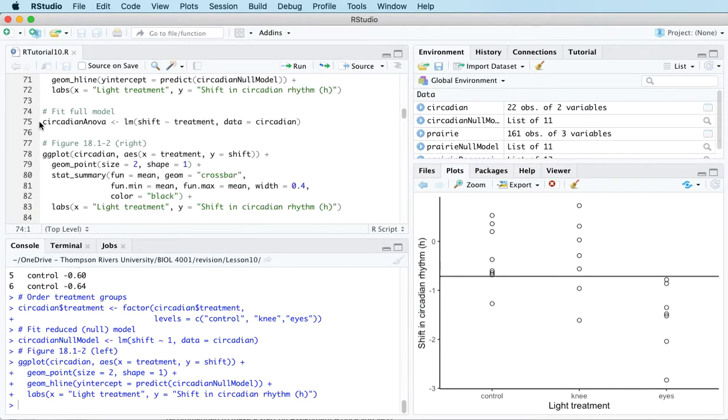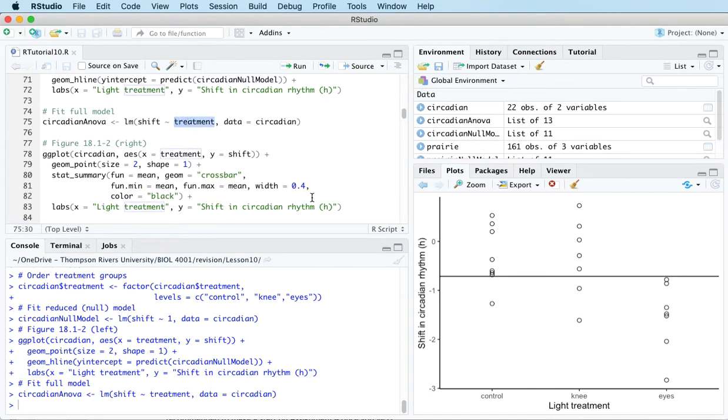By contrast, my full model will have the treatment as the predictor variable. And now if I draw the same kind of graph, instead of having the same prediction regardless of treatment, I'm going to have a different prediction whether the treatment is control, knee, or eyes.